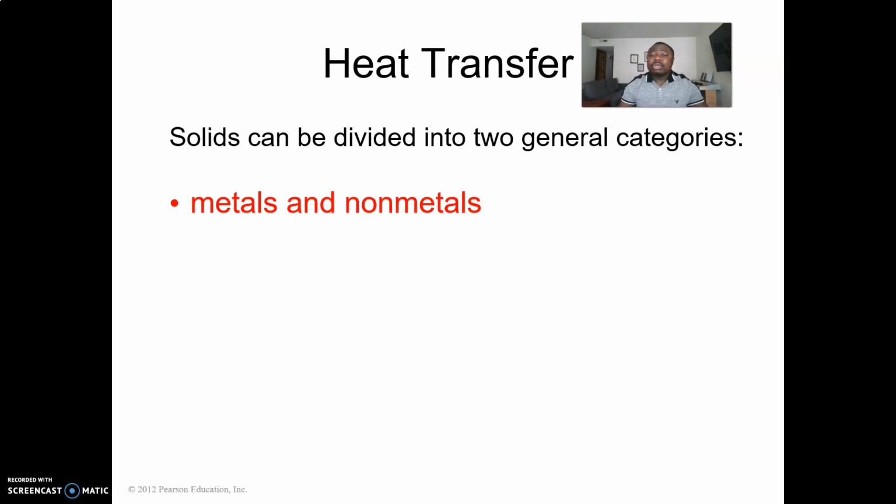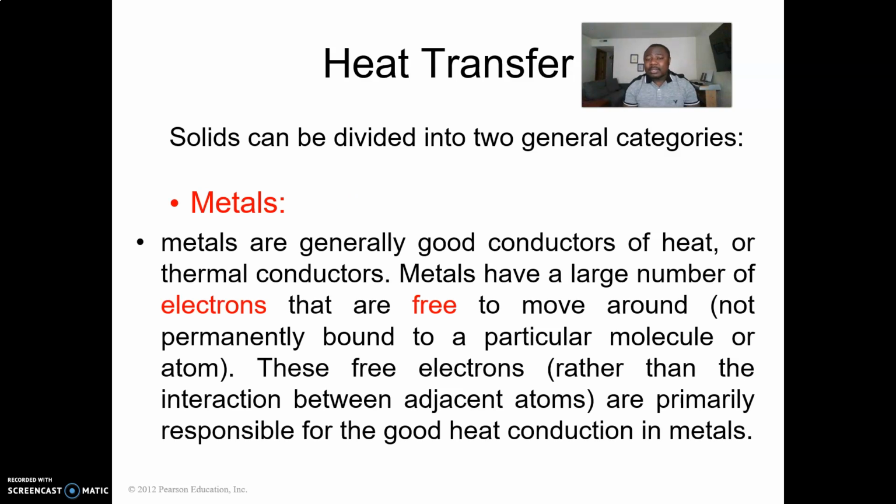So generally conduction occurs mostly in metals, in solids, and it's possible for us to divide solids into two general categories: metals and non-metals. The difference is that metals generally have what we call free electrons in the atomic structure. Those electrons are capable of moving around from one part to the other, and it's as a result of this movement of electrons that heat is conducted.